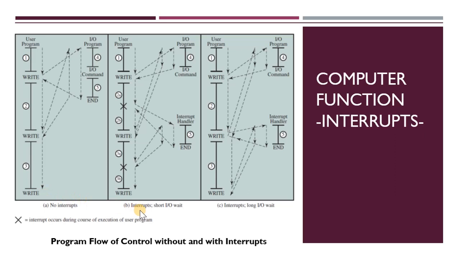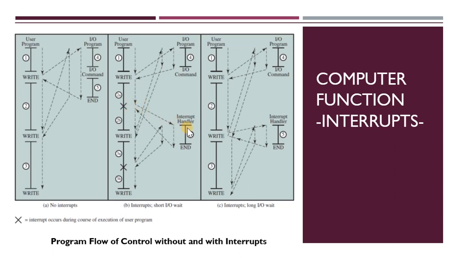In diagram B, we can see the input-output program and the interrupt handler. The user program goes smoothly until the write to the input-output program is invoked. So it will go to the input-output program. And you can see the interrupts, the cross, here at the user program. When this happens, the interrupt request signal goes to the processor, and it will go to the interrupt handler.